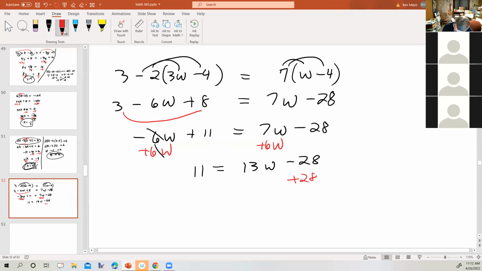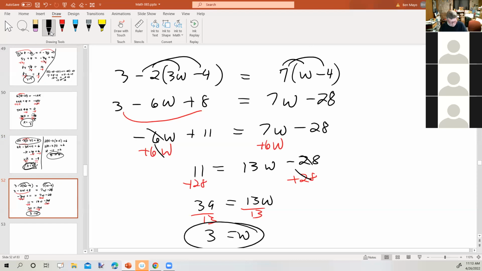We'll add 28 to both sides. 11 plus 28 is 39. 39 equals 13W. Divide both sides by 13, and we get 3 equals W, or W equals 3. Any questions there?